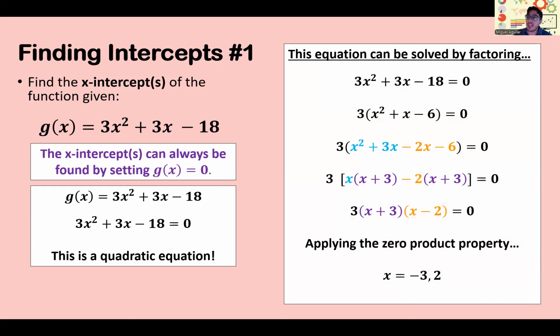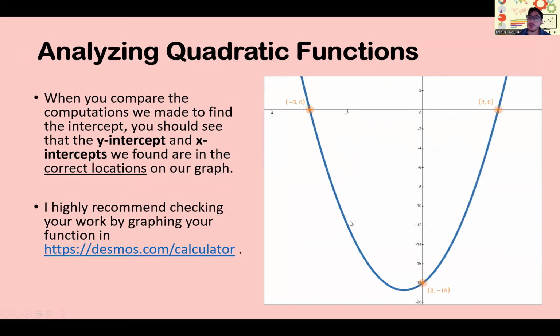I didn't show the scratch work of multiplying A times C. I assume that you can do that stuff, but I factored it the exact same way we did on paper. So if you need to run this back when you get to the video later, please do so. But we get our -3 and 2. Then when you answer these questions, you find the y-intercept and you find the two x-intercepts. Remember, open up that second tab with Desmos, graph your function because we should be looking at a graph that looks like this.